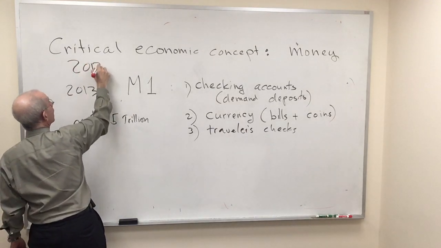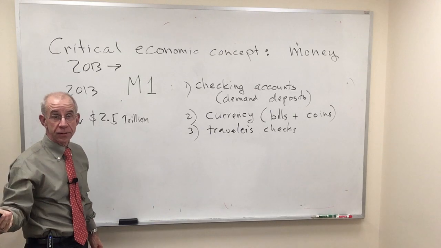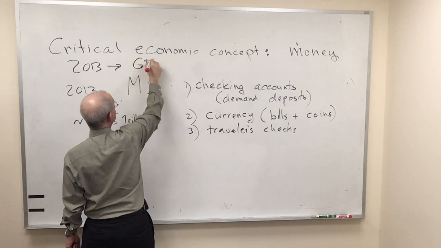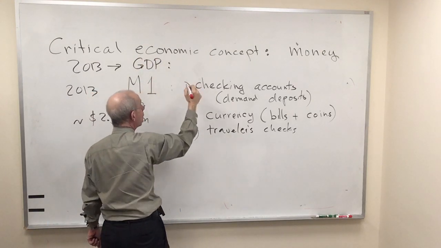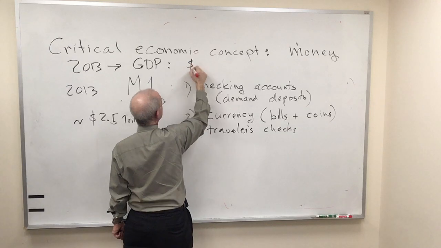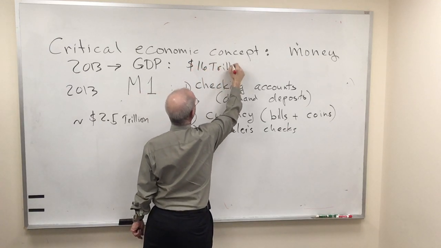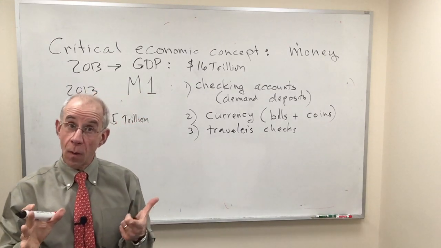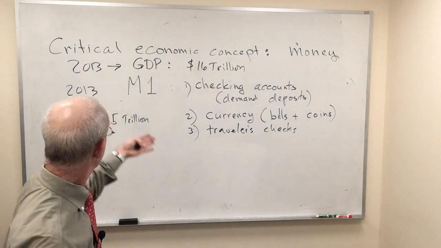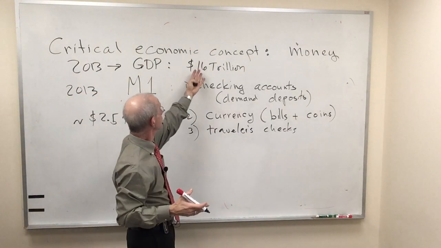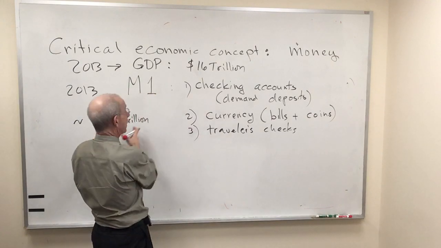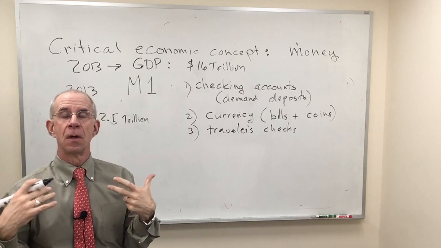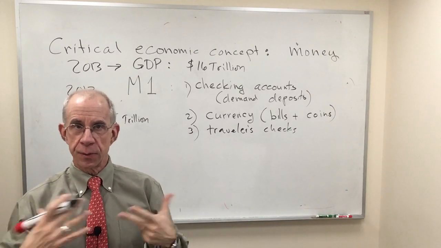Now, in comparison, in 2013, U.S. GDP was about 16 trillion. So a couple of things to note about this. One, in a sort of obvious way, the money supply is not equal to national income, because 2.5 is nowhere near 16 trillion. But it also reflects that these two things are measuring completely different things.